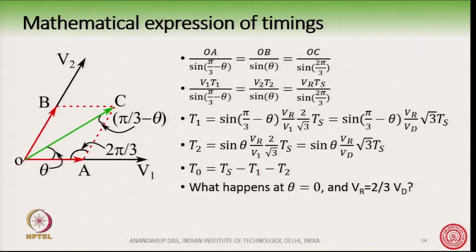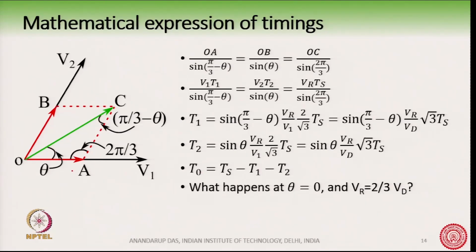Now, in order to get the timing, we can very easily do it by this geometrical analysis. So, we see that this OC vector is nothing but the vectorial sum of OA and OB. OC is nothing but OA and OB, and they are forming this triangle.